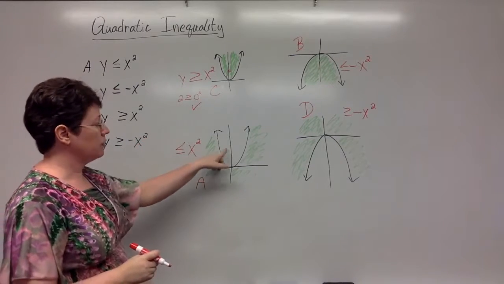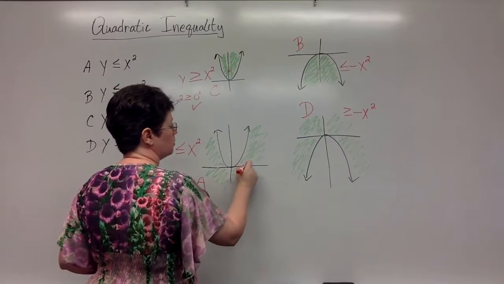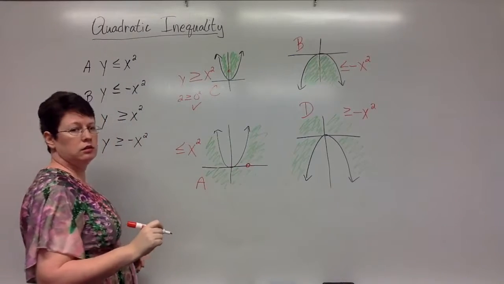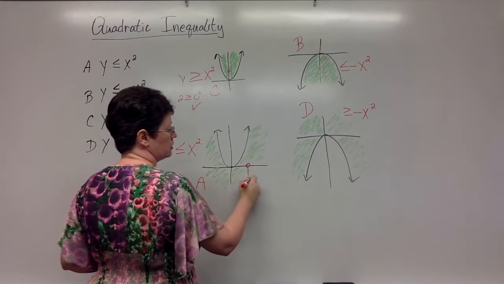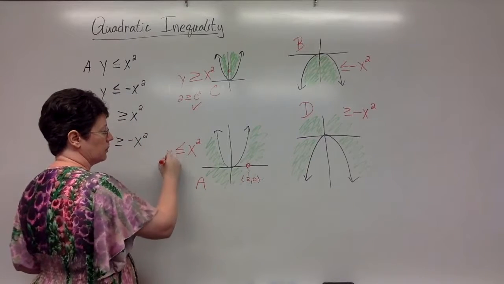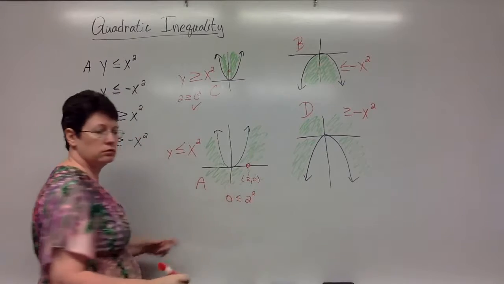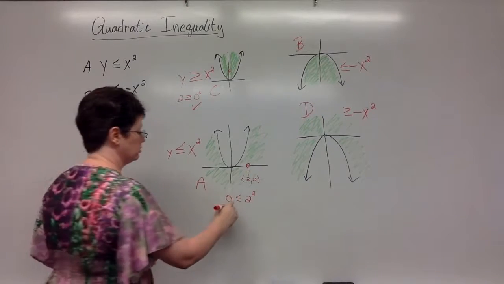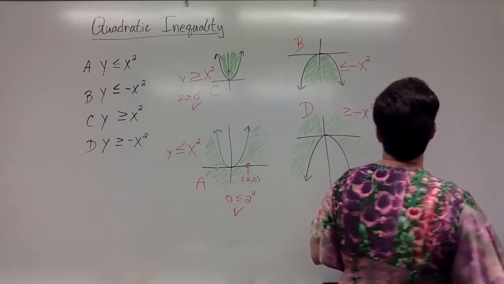Awesome. Now for this one, I want it to be true, right? I'm double checking. So I'm going to pick a point out here. Again, I'm going to pick a 2. So this one's 2, 0. Plug it in. 0 is less than or equal to 2 squared. Is that true? Yes, it is. Next one.